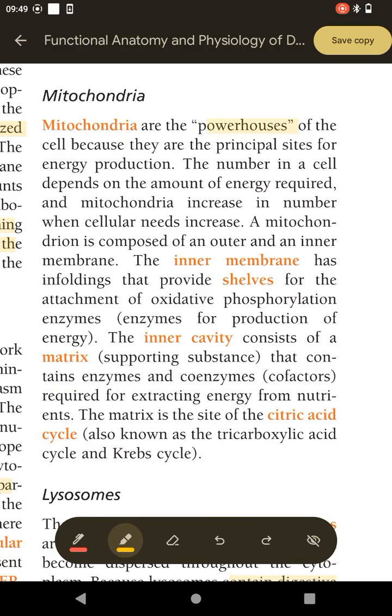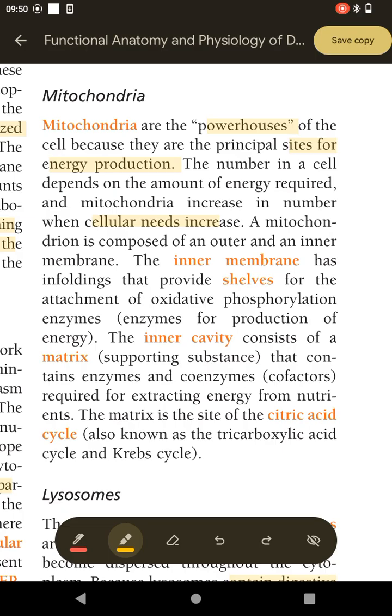The number in a cell depends on the amount of energy required, and mitochondria increase in number when cellular need increases.